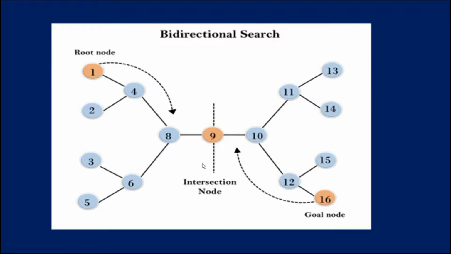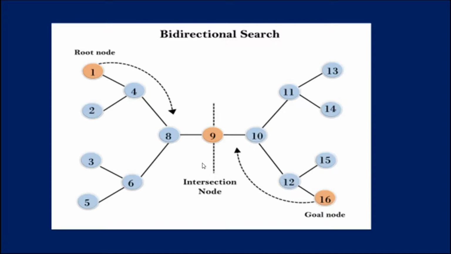Each searches every node, and once forward and backward meet at the point 9, that is called the intersection node. So traversing forward from 1 and backward from the goal node 16, the algorithm terminates at node 9, where the two searches meet at the intersection.